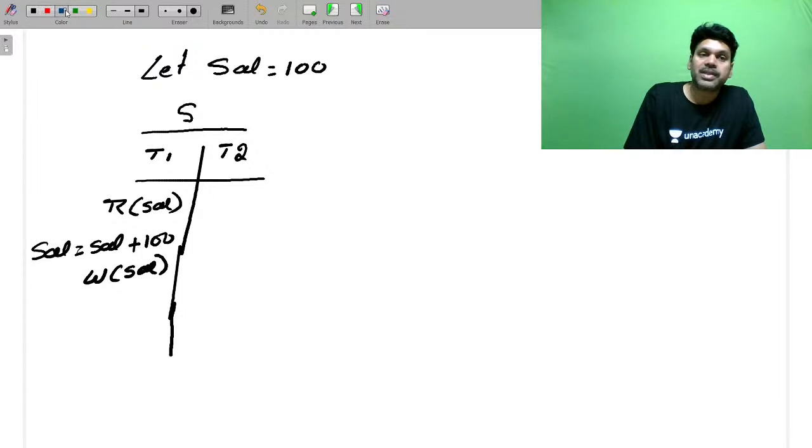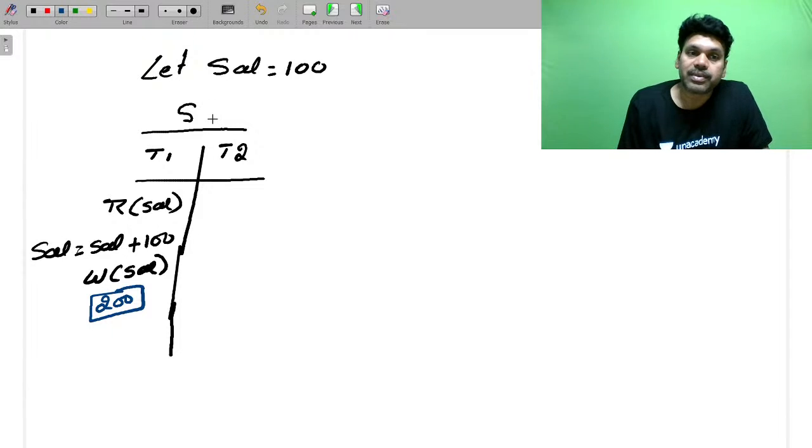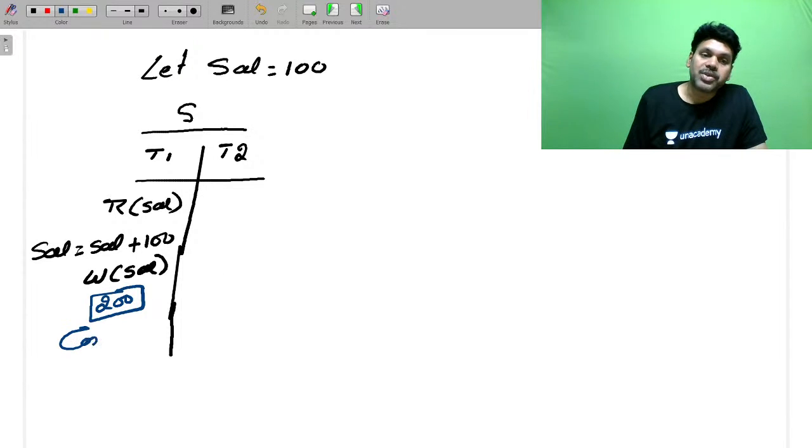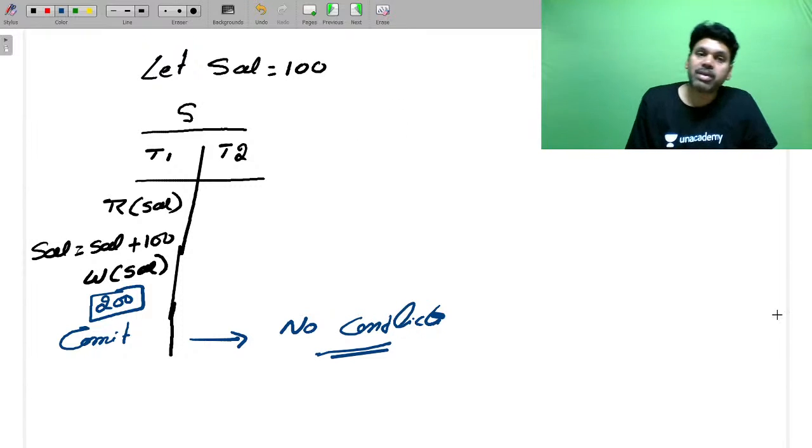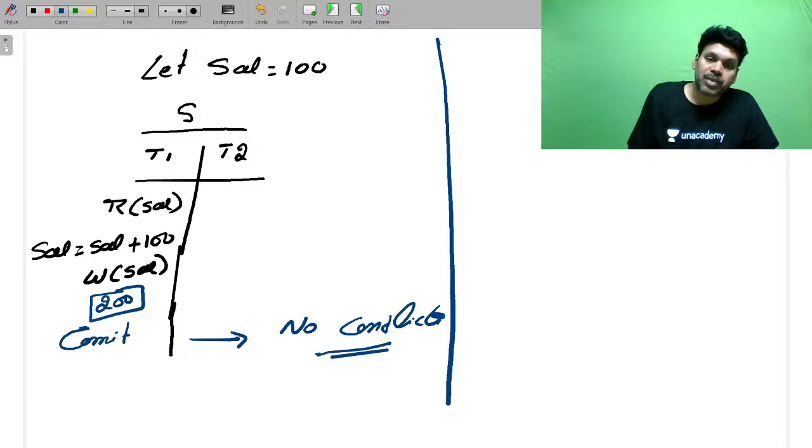So the W of sal will altogether be 200. If I do it like this and issue a commit, then there are no conflicts at all here, because you have already reached a consistent state.